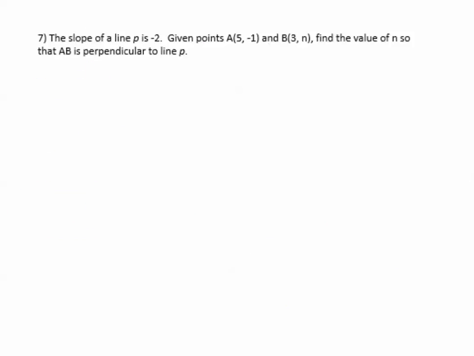Okay, so now we're going to do some algebra to do this. Okay, so the slope of the line P is -2. Okay, so we have x1, y1, x2, y2. So remember, m is equal to y2 minus y1 over x2 minus x1.